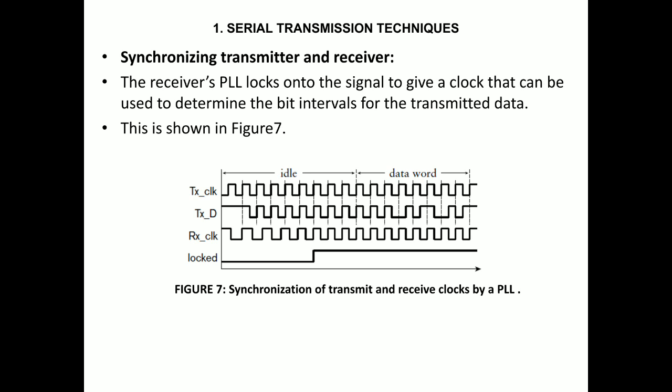When the phase lock loop is 0, the receiver will be in the idle state, and when it goes to 1, the receiver will be getting the differentiated output of the transmitted clock and transmitted data, and within this period the receiver will be getting the original data.